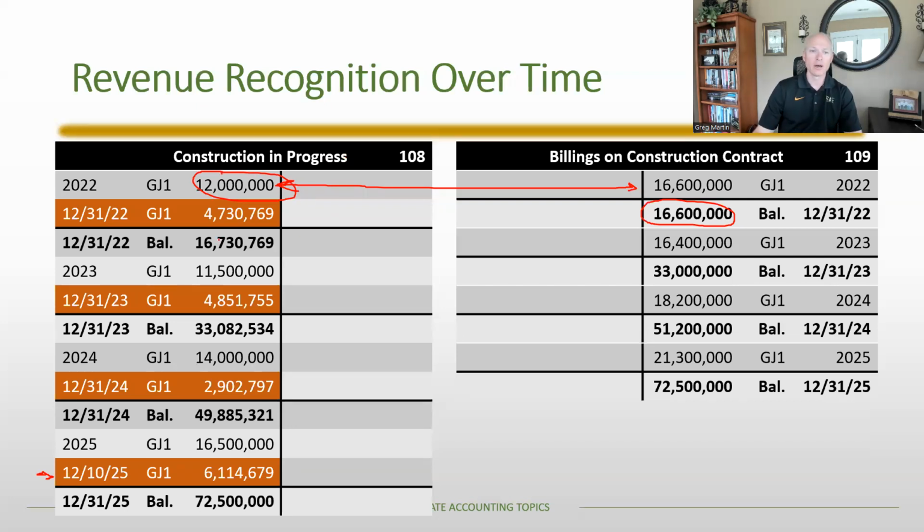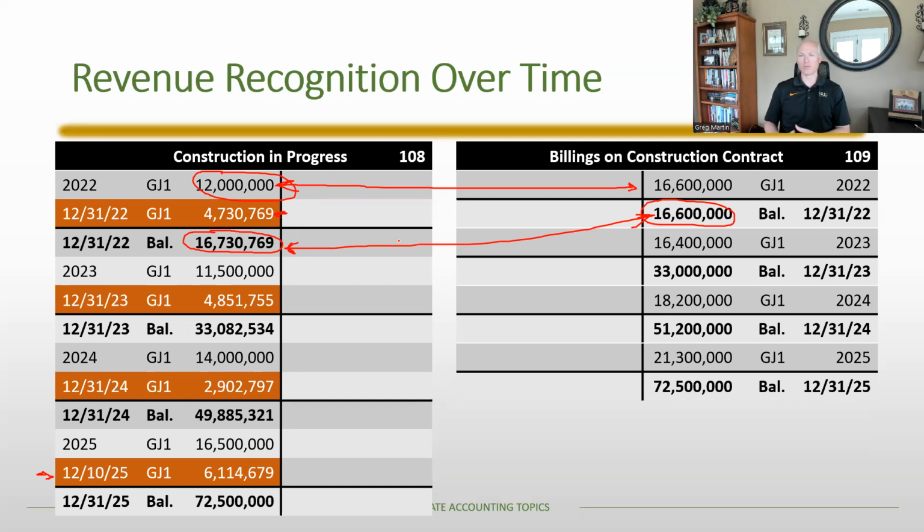But under the percentage of completion method, now all of a sudden, look, it goes the other way, because now our CIP account includes both the cost, but also profits. And so now we have a current asset under the percentage of completion method. So depending on the method, in one situation, we're going to be reporting a current liability.